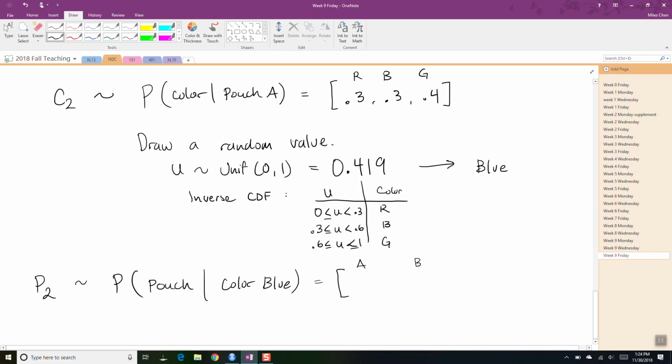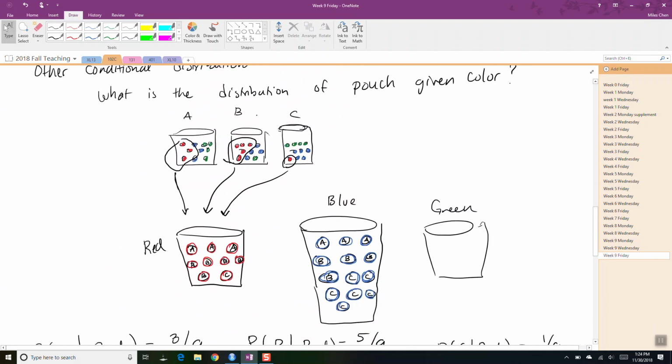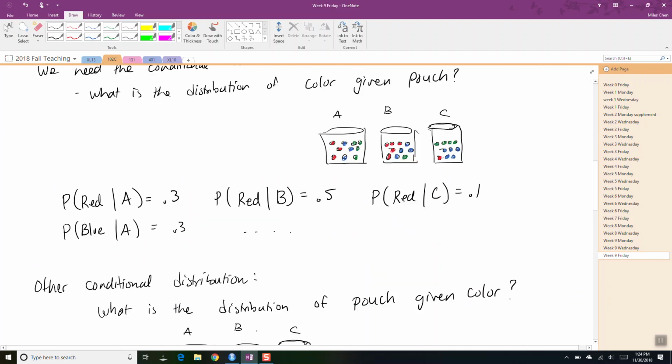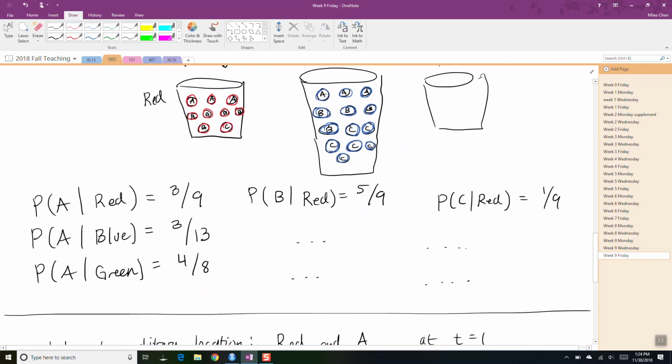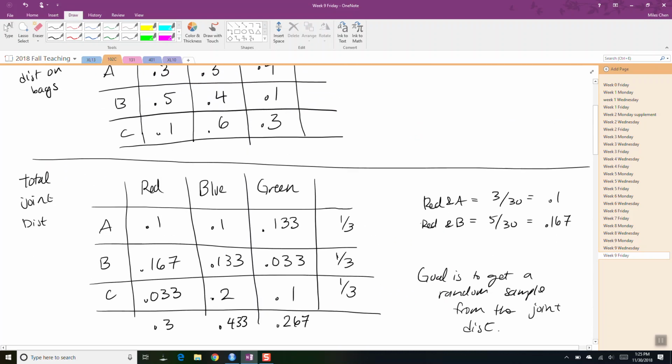We can have pouch A, pouch B, and pouch C. If I scroll back, given that our color is blue, we have 3 out of 13 being A. Probability of B given blue would be 4 out of 13, and probability of C given blue is 6 out of 13.